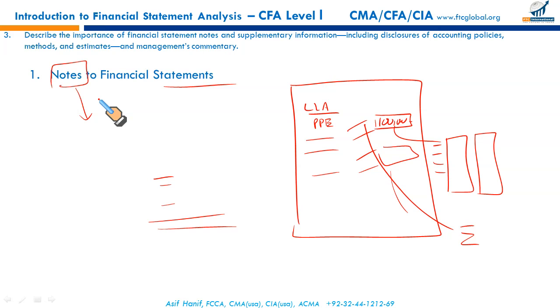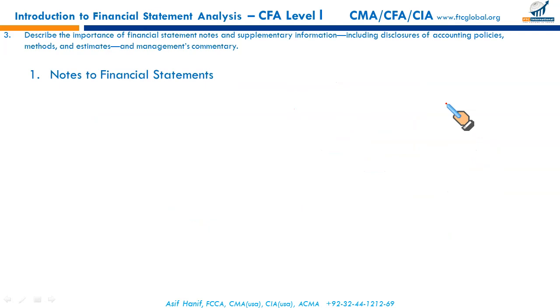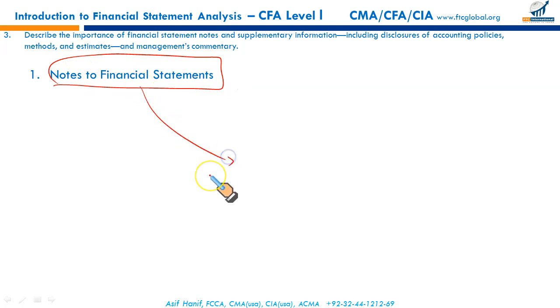Notes to financial statement, they amplify what is given in the financial statement. They explain what is given in the financial statement. One important point you must note: you cannot use notes to financial statement to justify an incorrect presentation. You have made an incorrect presentation on the face of balance sheet or income statement.